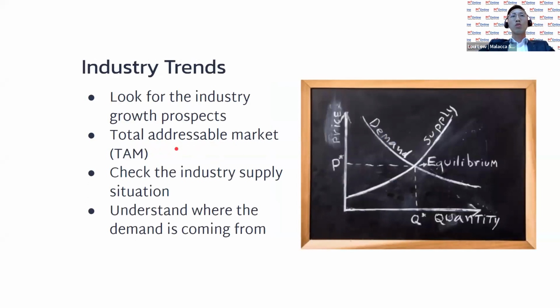Then also you can look into industry trends. You can look into industry growth prospects, total addressable market. You check the industry supply situation and where the demand is coming from. So using oil as an example, the narrative is always about China and India demand: if the economic growth is there, then the demand for oil is there as well.